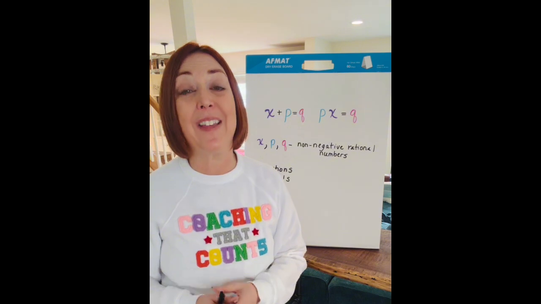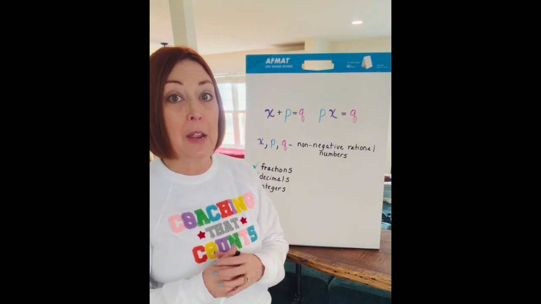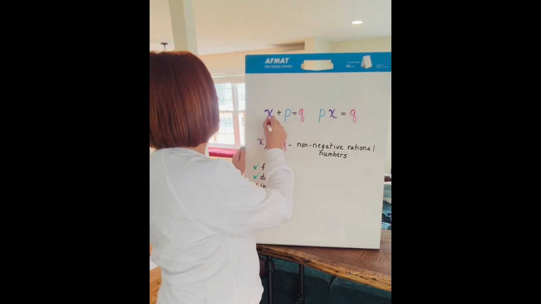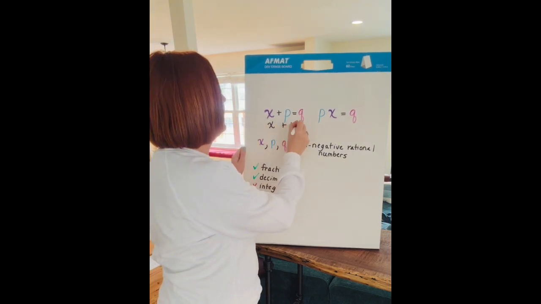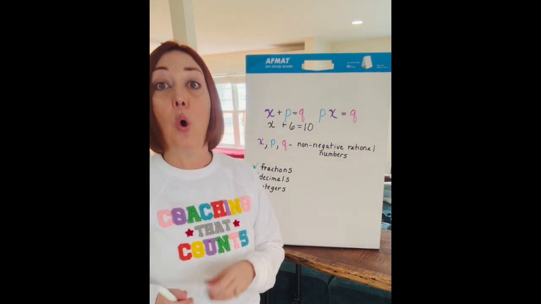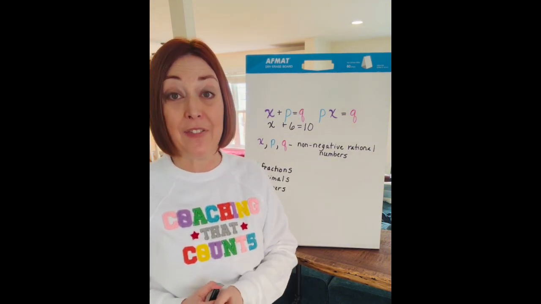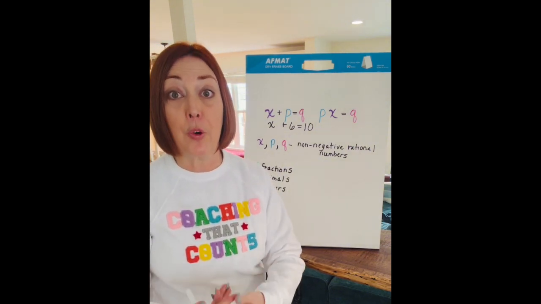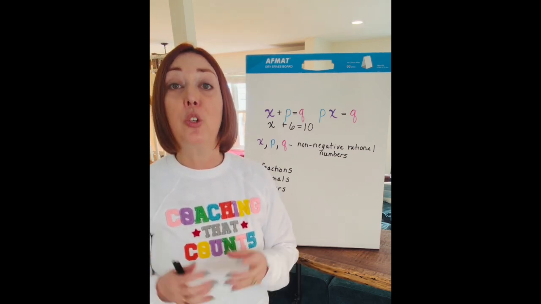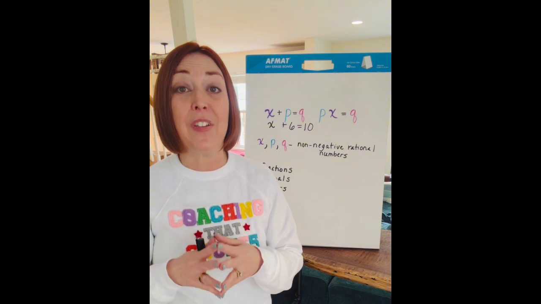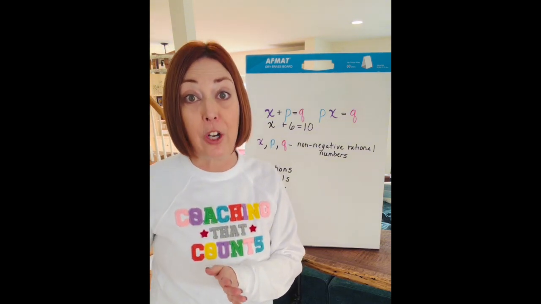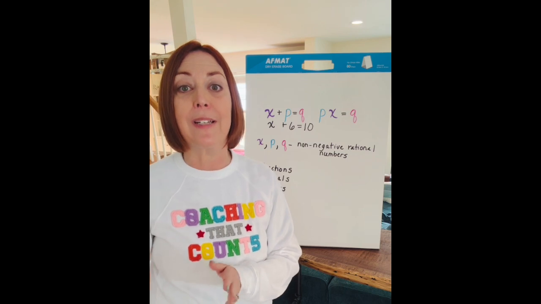If I understand the equal sign as meaning the same as, and I suddenly change this and it becomes something like x plus 6 equals 10, I can think about what value does x have to have for that to be true, right? What plus 6 is the same as 10? So that is why that understanding of the equal sign is so important in K-5 as we start this journey into equations in grade 6.